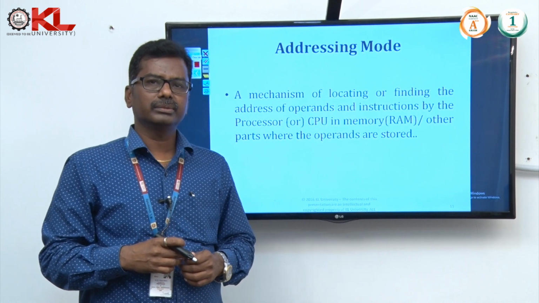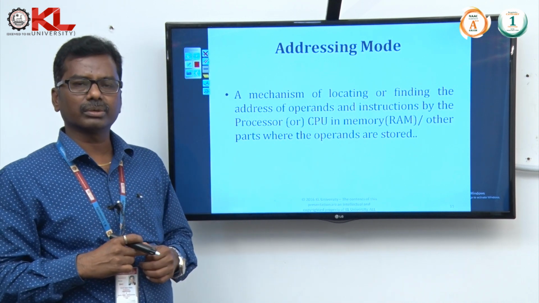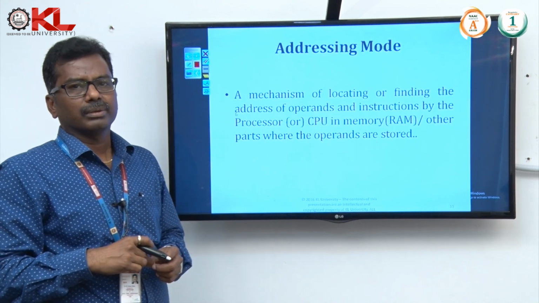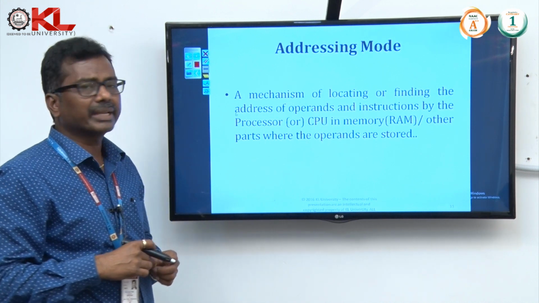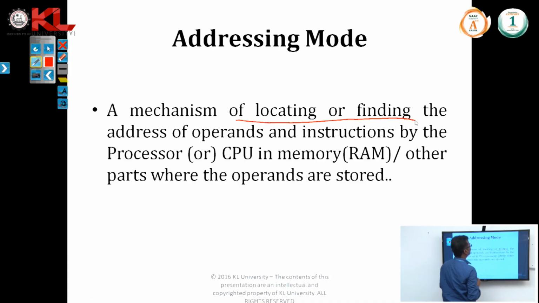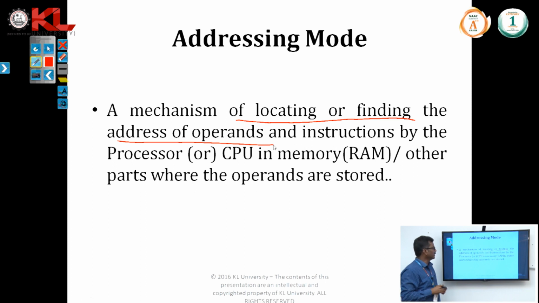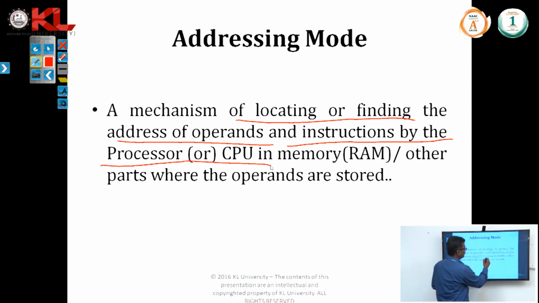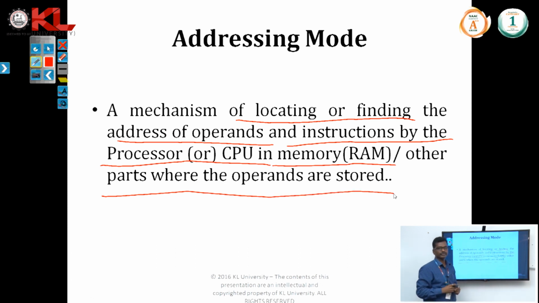Let us try to know something about addressing mode. What is this addressing mode? Addressing mode is a mechanism of locating or finding the address of the operands. That means the location of the operands and instructions by the processor or CPU in the memory, that is RAM, or the other places where the operands are stored.